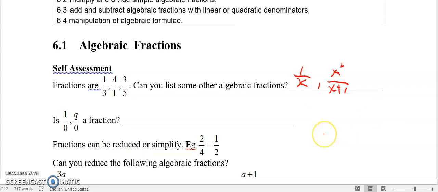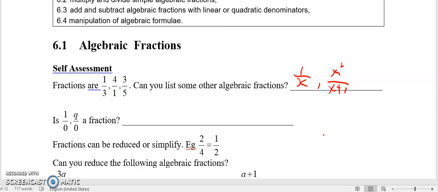Okay, let's look at these two unique examples. We know that a fraction consists of a numerator and denominator. So, is a fraction of 1/0 a fraction? Or a fraction of q/0 a fraction?